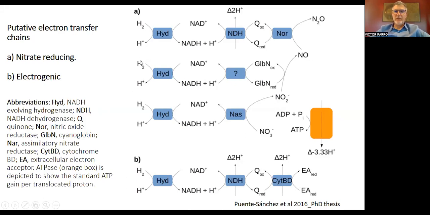As I mentioned before, hydrogen was abundant along the whole column of the drill, and this enzymatic system can drive energy, in the upper part through the reduction of nitrate, or through an electrogenic way that has been described in cyanobacteria.